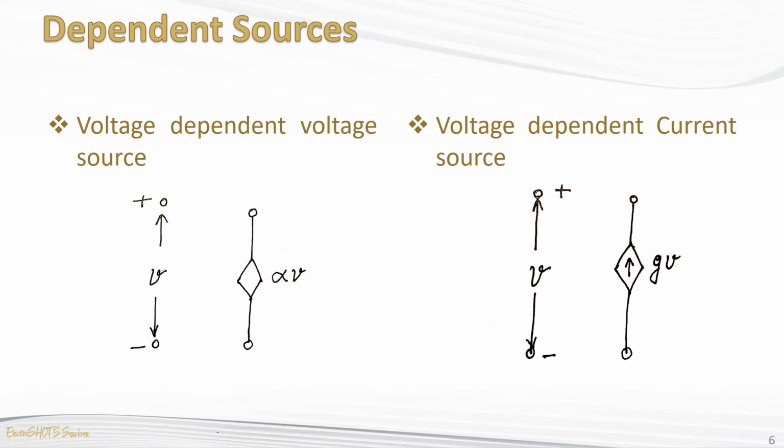Both these sources are dependent upon voltage in some other part of the circuit to which they belong, that is the voltage V. Alpha is a unitless quantity, it is a constant of proportionality, and G in the second case is also a constant of proportionality, but it has the unit of conductance, that is Siemens.